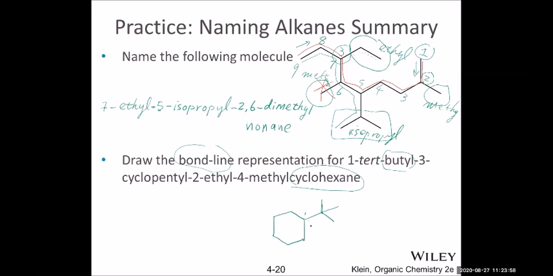And then 3 has a cyclopentyl. I'm running out of room in the lower part, so I put a 3 here. This will be my 3. 3 has a cyclopentyl. Cyclopentyl means a 5 carbon ring. This is cyclopentyl. And then 2 is ethyl. 2 has 2 carbons.